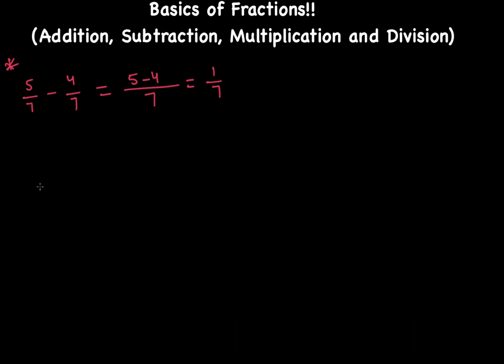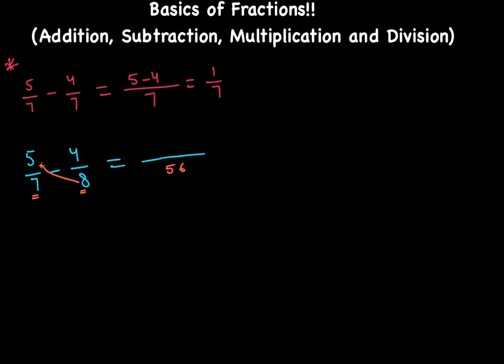if you got different denominators, like 5 over 7 minus 4 over 8, in this case, again, you can find a common denominator using least common multiples, or the faster trick is you just multiply the denominators with each other. 8 times 7 is 56, and then cross multiply these numbers.